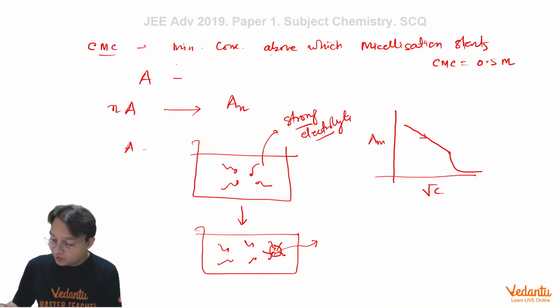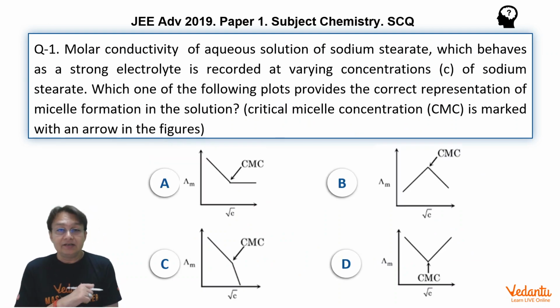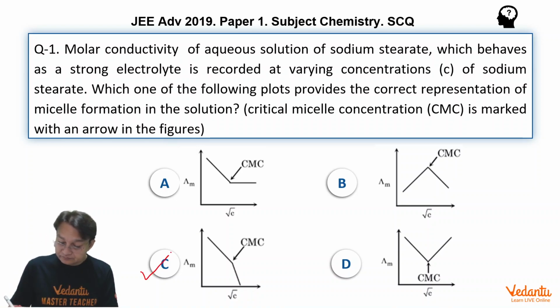You have instead an option in which two straight lines are formed. So we have to believe that only this one is the possible answer. If you search for the possible answers, you will find that C is the most appropriate answer, and you can rule out A, B, and D.